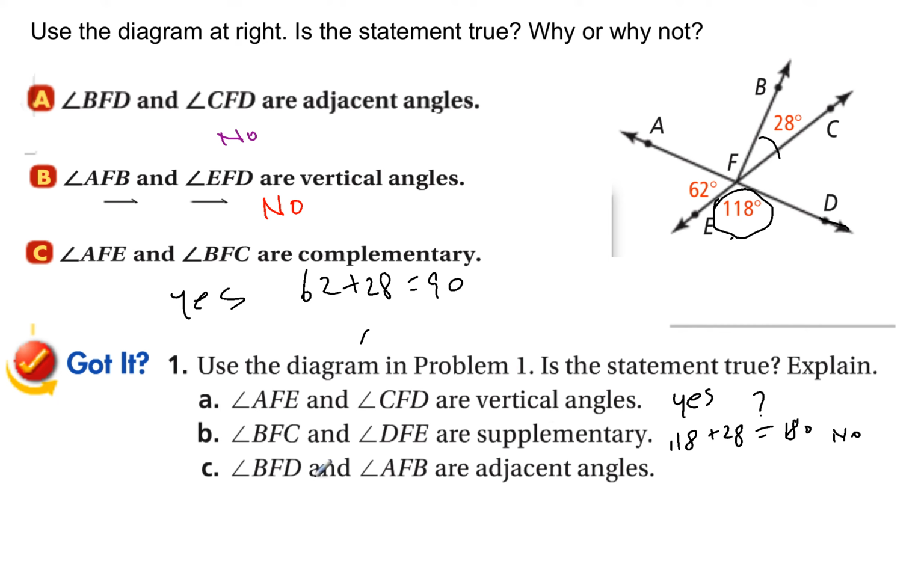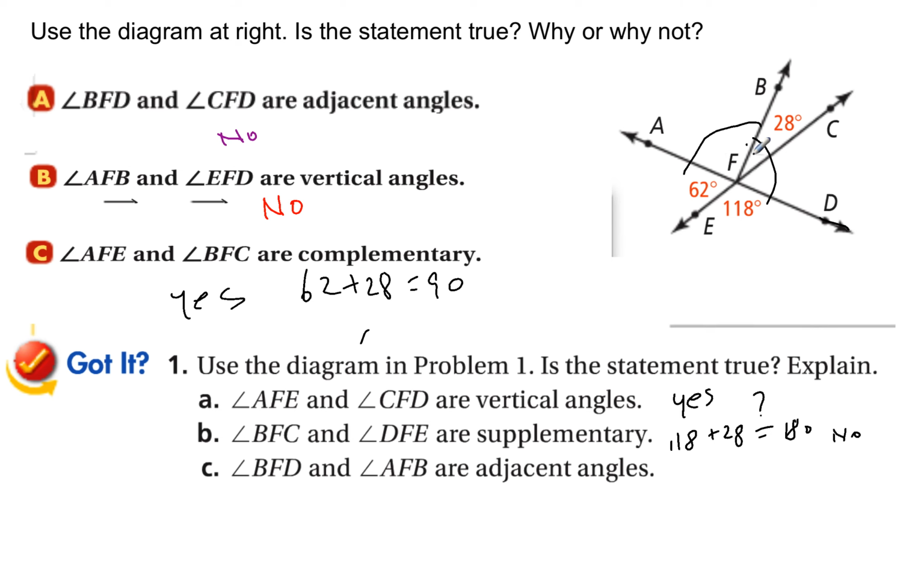Question number 3 says BFD and AFB. So let's erase what we have here and take a look at this next question. BFD is this big angle over here, and AFB is this angle over here, which I will just draw like this. Are they adjacent angles?